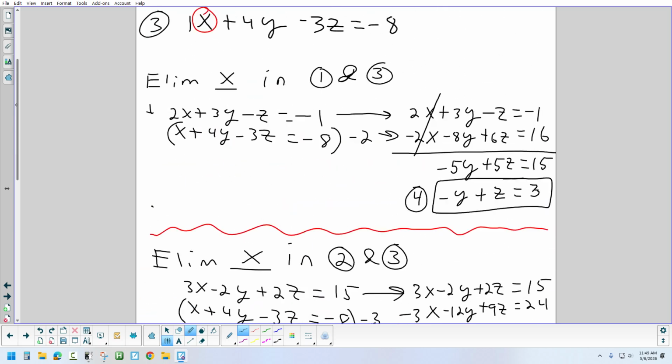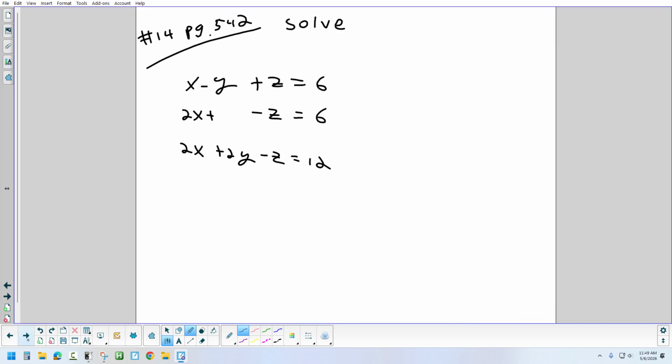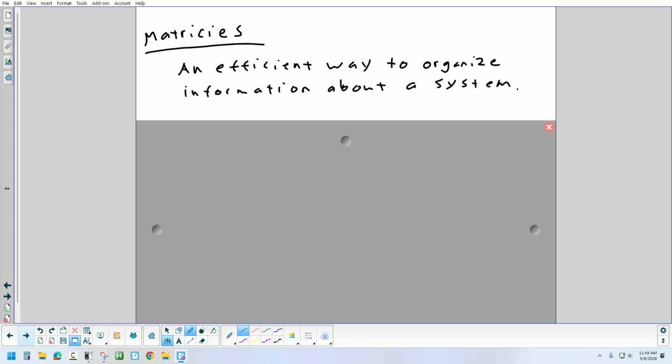When we solved this, we had to pick two equations, and then we had to pick a letter to eliminate. If you use a matrix, there's no choices involved. Every single person, if you do it correctly, would solve it exactly the same way and pretty much exactly the same steps. Here, different people could do it all different ways. Sometimes when you have more choices, it gets confusing because you don't know where to start. But a matrix would eliminate that.